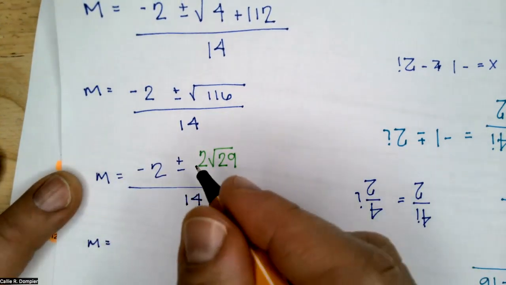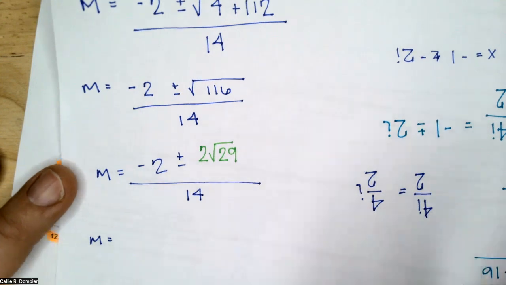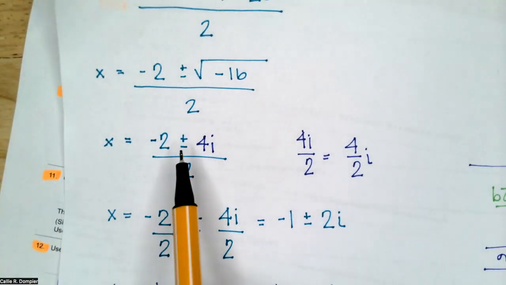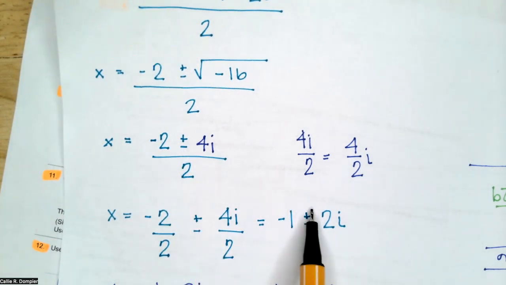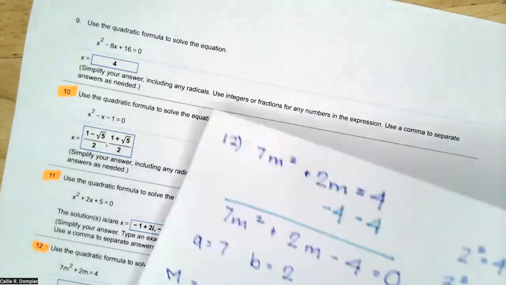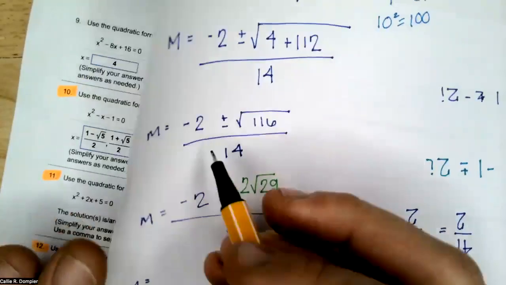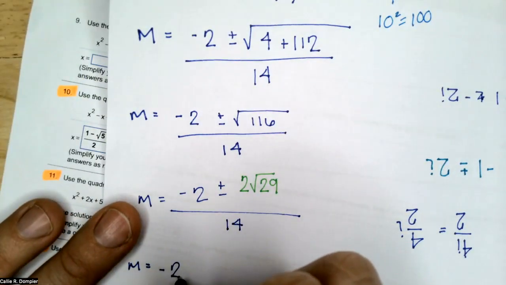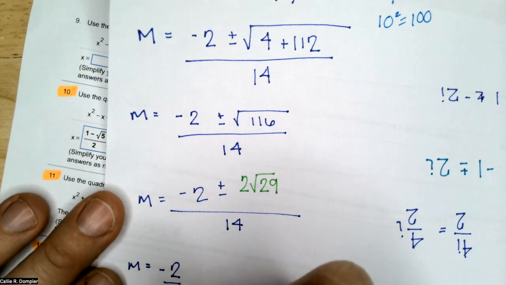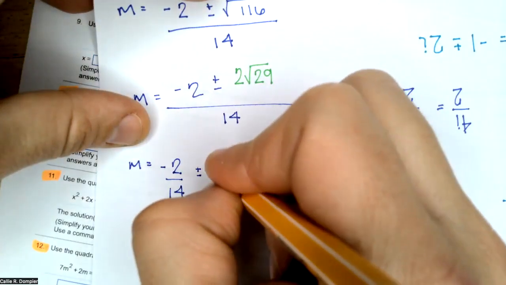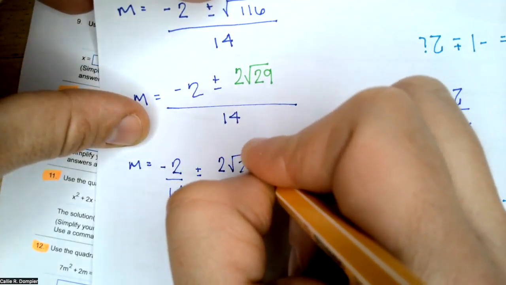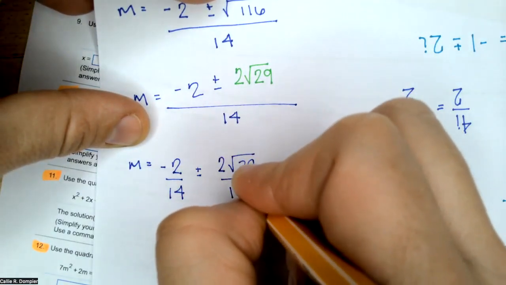Now let's divide it all by 2 like we did here, okay? -2 divided by 2 becomes -1. 4 divided by 2 becomes 2. Let's do that here. -2 over 14 plus or minus 2 square root 29 over 14.